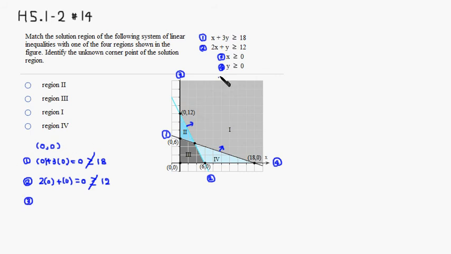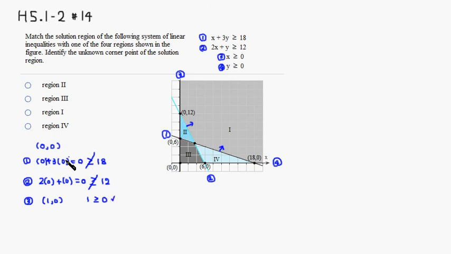You can see that x is greater than or equal to 0. We cannot check 0, 0, which is on the borderline, so we'll try something like 1, 0. Let's try 1, 0 and see if it satisfies. So x is 1, which is indeed greater than or equal to 0.